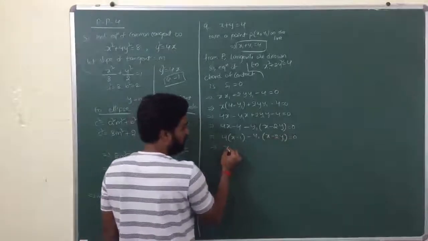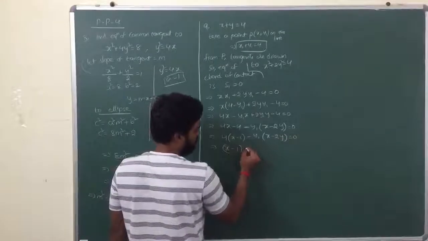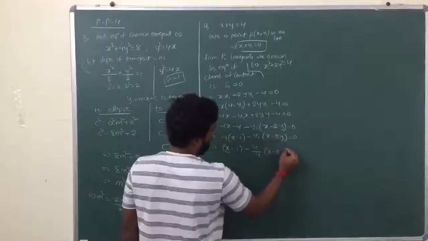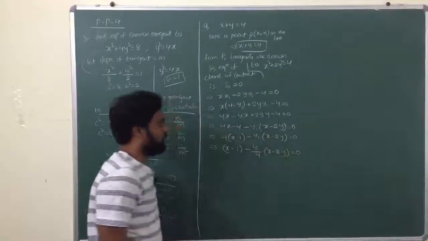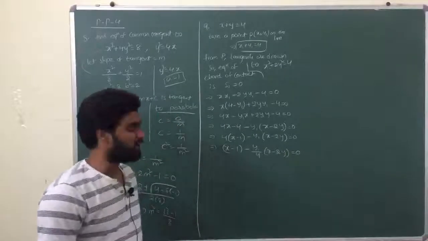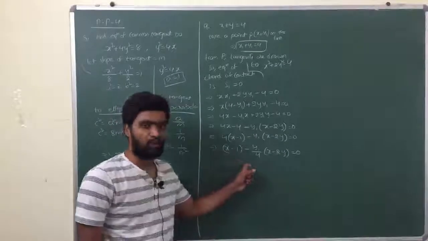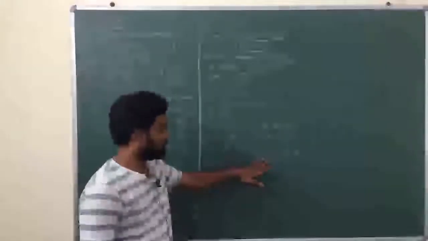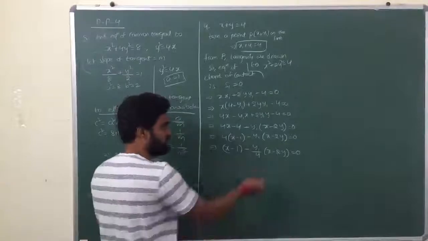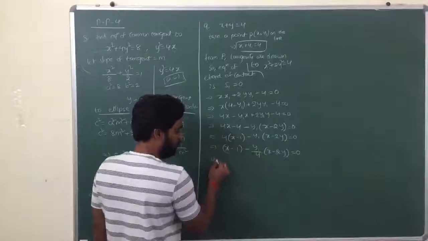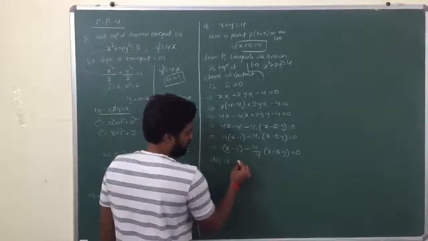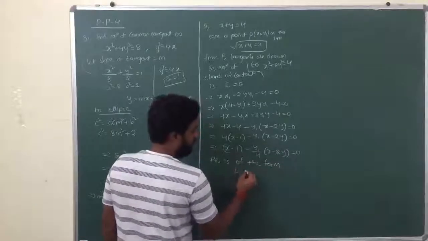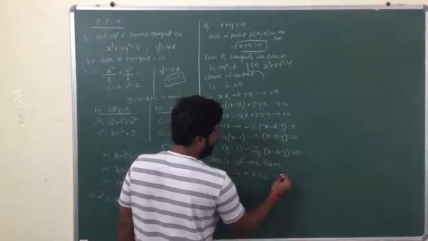Divide by 4. You will get x minus 1 minus y1 by 4 of x minus 2y is equal to 0. Now this is the equation of chord of contact. The question is, this passes through a fixed point, which means this equation represents a family of lines, where this is lambda. Now this is of the form L1 plus lambda L2 is equal to 0.